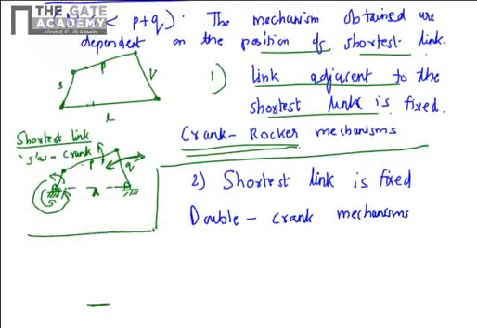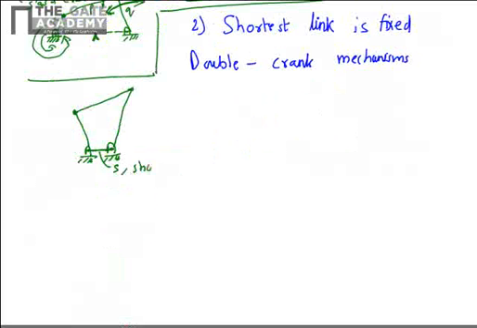So we have the shortest link here that is fixed to the ground, and we will draw the other links like this. So this is the shortest link which is fixed, and these are the other links, which means P, Q, L, the longest link.